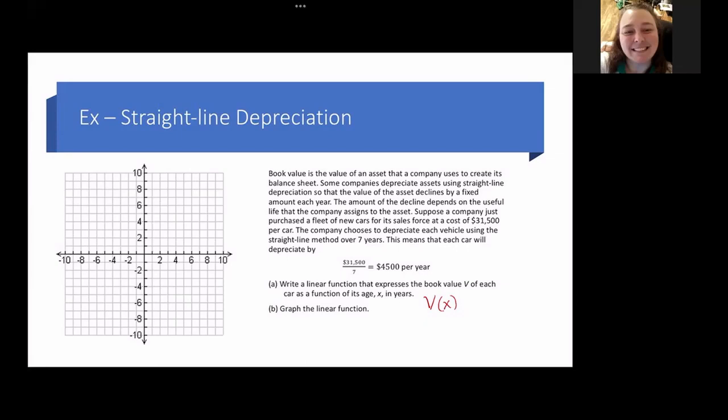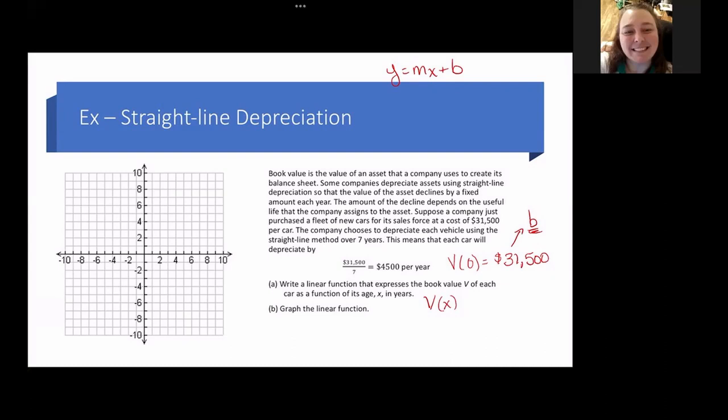Now, we know v of 0, which is the original value, is $31,500. And v of 0 is the y-intercept, so that is going to be your b in your equation. Remember, we want y equals mx plus b. B is going to be your intercept.